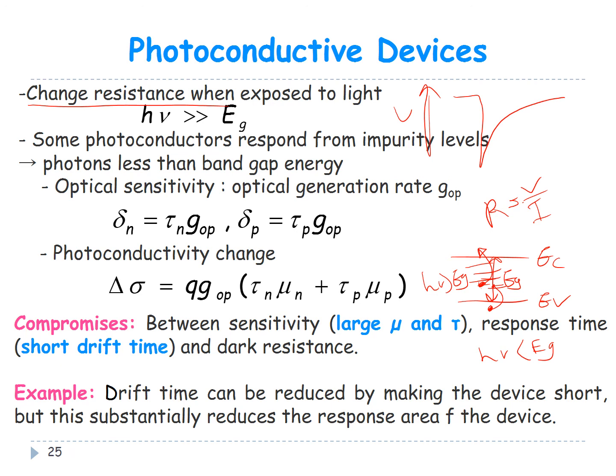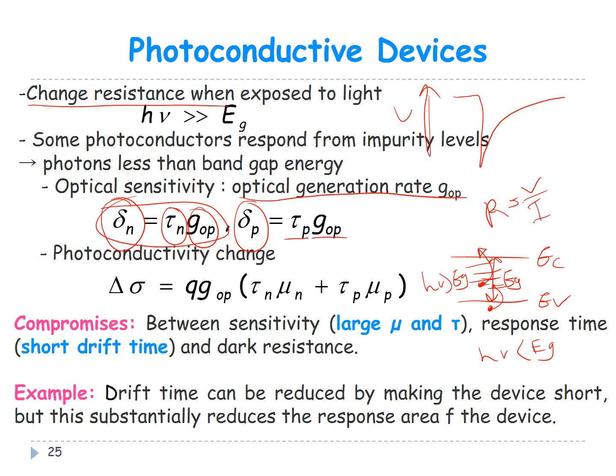Now the optical sensitivity is related to the optical generation rate by this equation here. Remember, we derived that the excess carrier concentration is equal to tau n times G_op for electrons, and the excess hole concentration is equal to tau p times G_op.